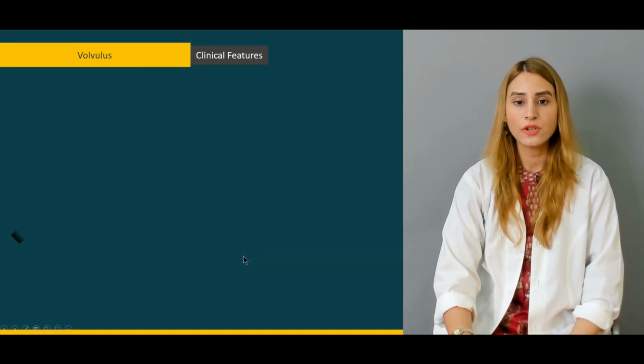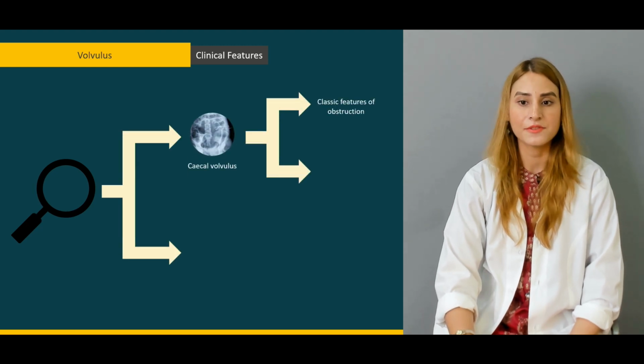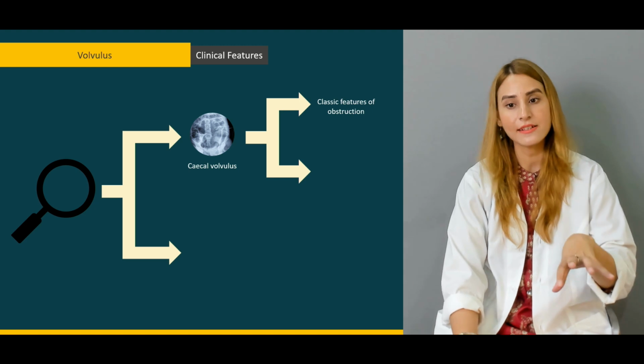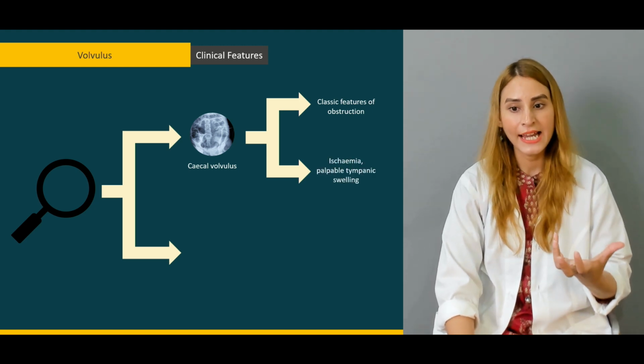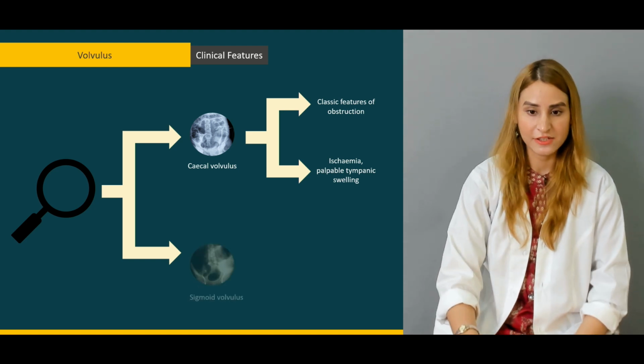Okay, so if we talk about the clinical features for the volvulus, again, cecal volvulus would have the classical features of obstruction, and there can be ischemia, and there can be palpable tympanic swelling as well.